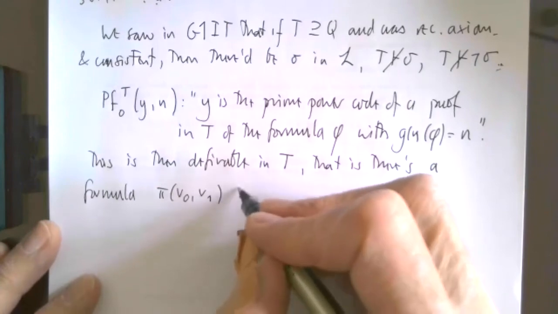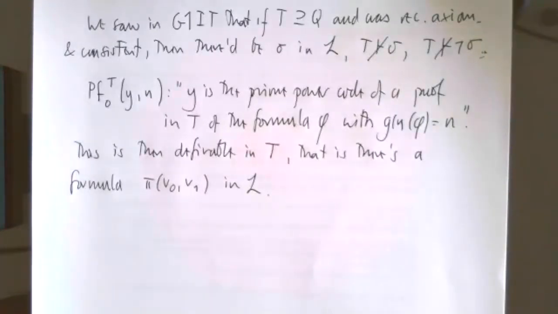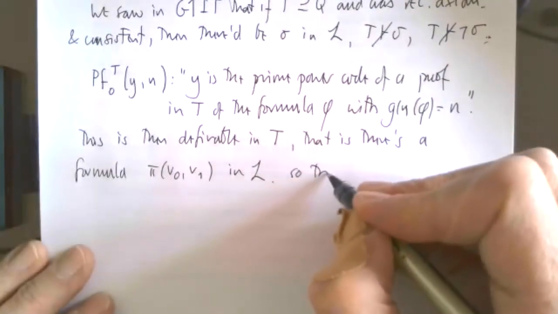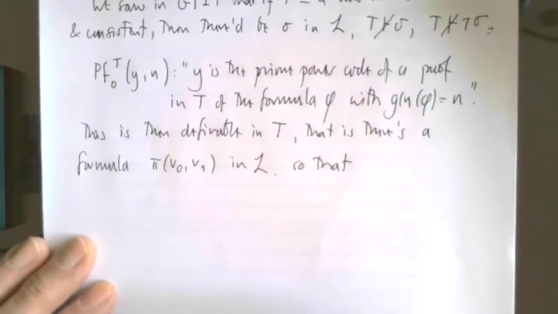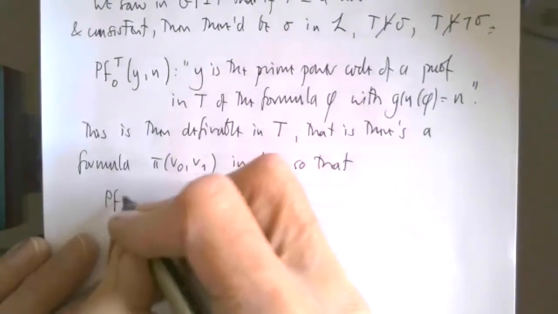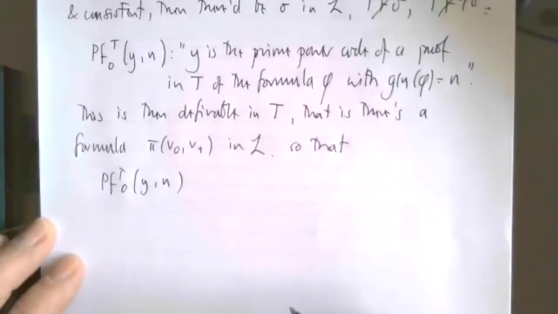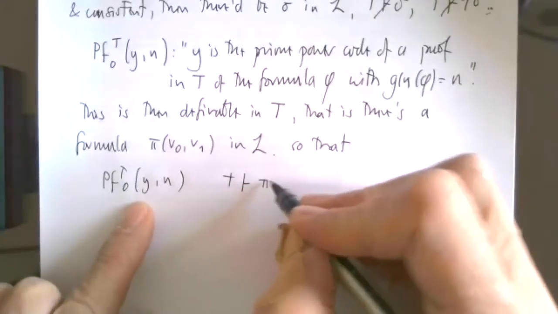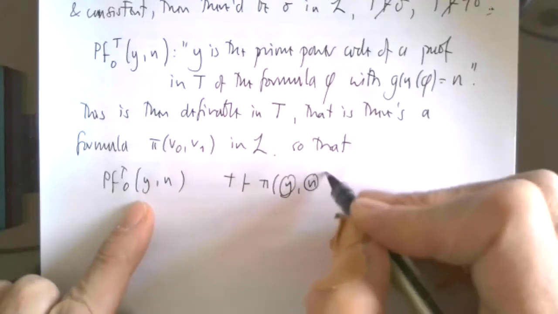So if this relationship holds, then in T I can prove pi of y and n.